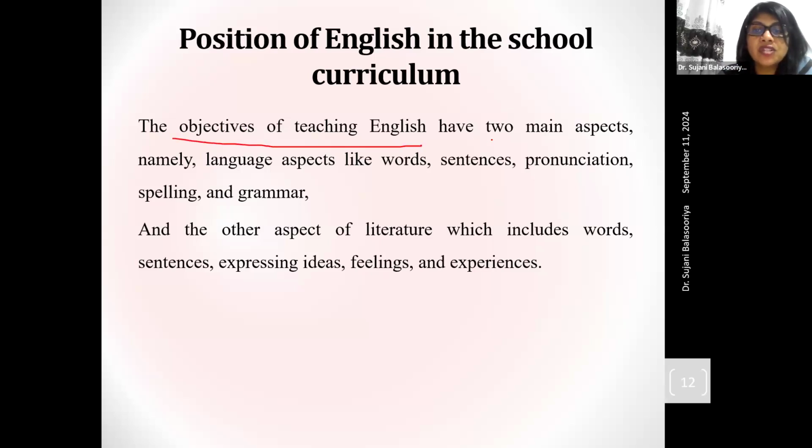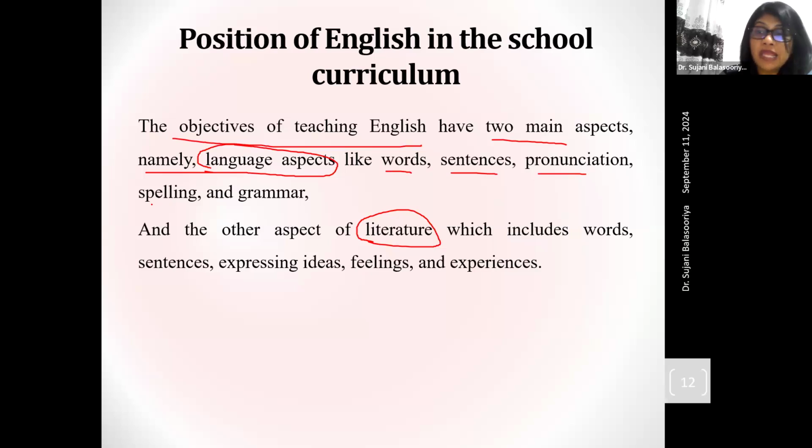One aspect is called language aspects. The other aspect is called literature. What do you think about language aspects? That means teaching English from the point of view of language. There we talk about teaching words, sentences, pronunciation, spelling, the orthographical aspect of language, and also grammar rules. Language means all these things, right?